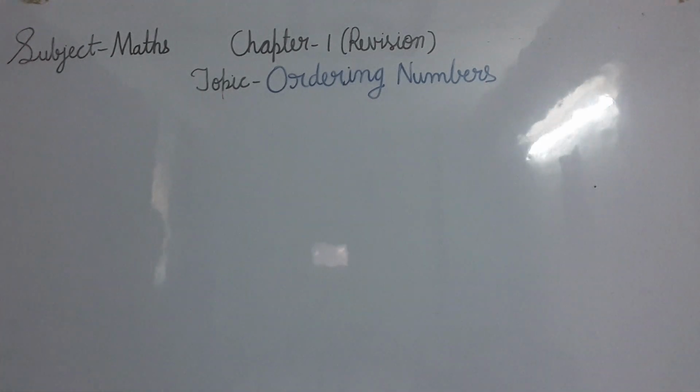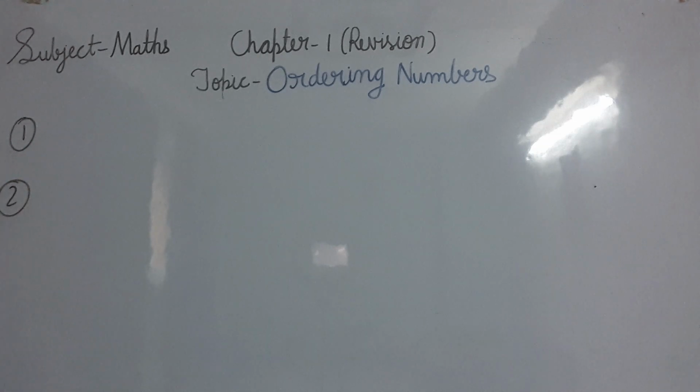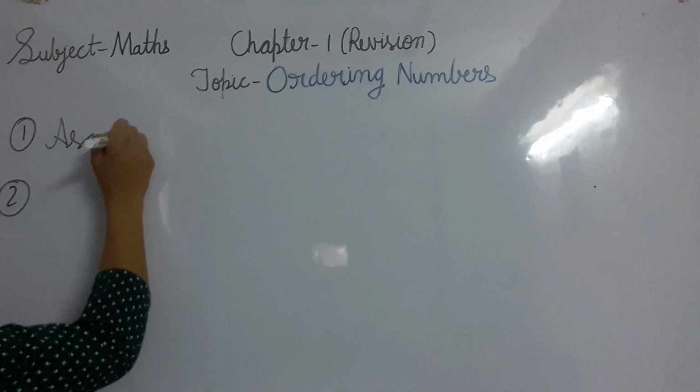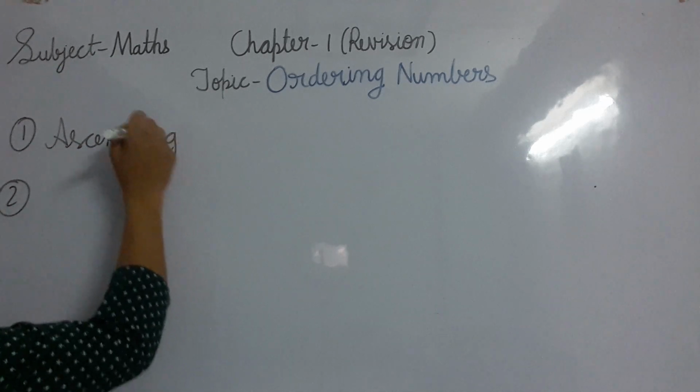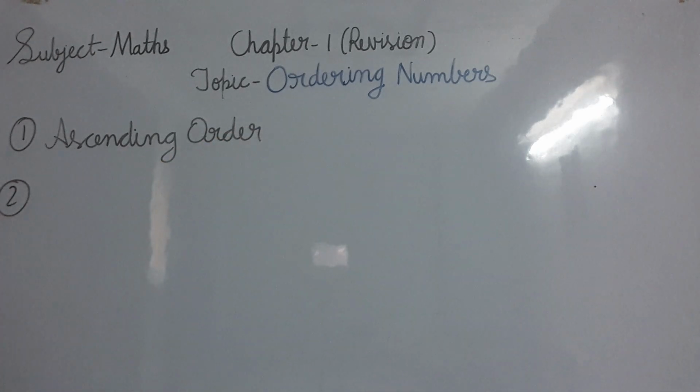There are two types where we can order the numbers. First is ascending order, and the second one is descending order.